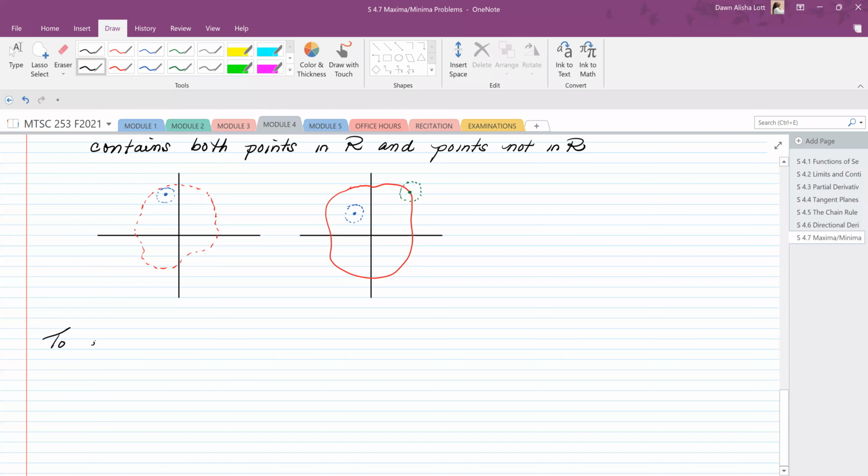So to determine absolute max and min points, first, we're going to check interior points. If you remember, we called them critical points.